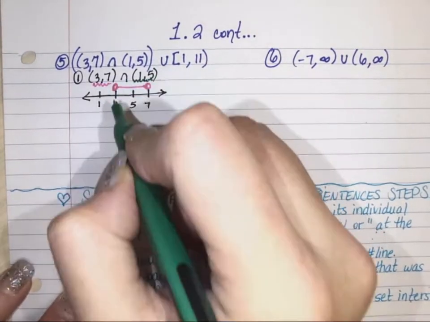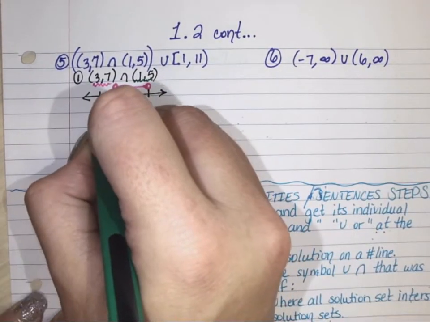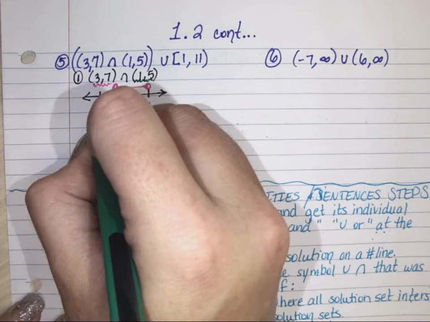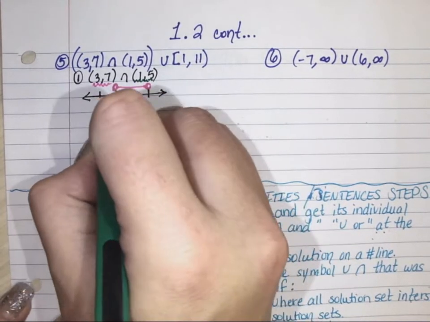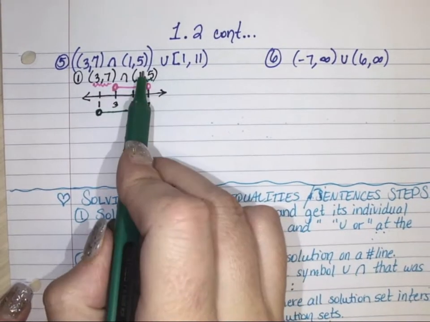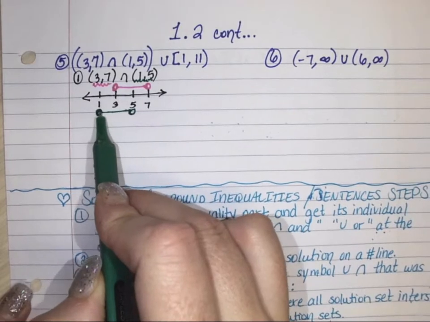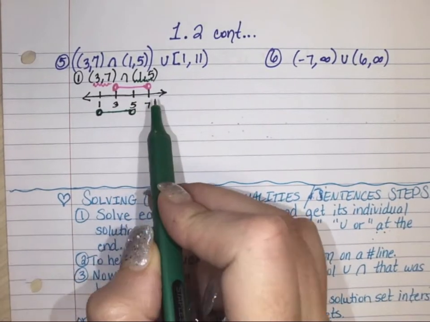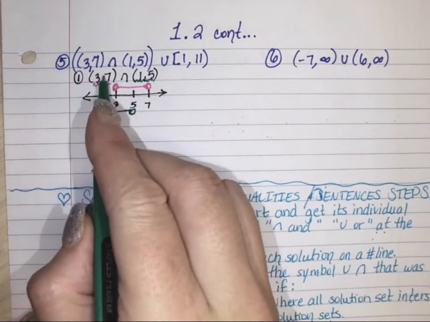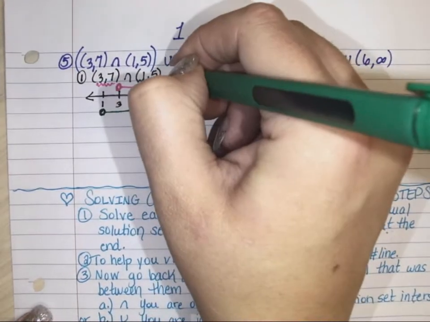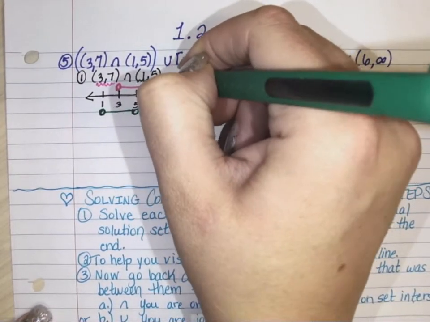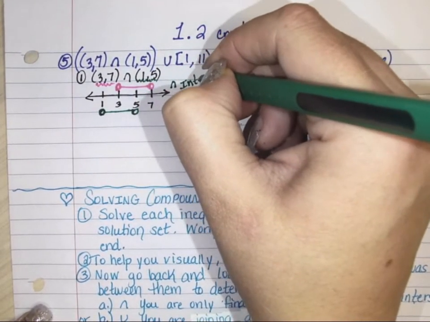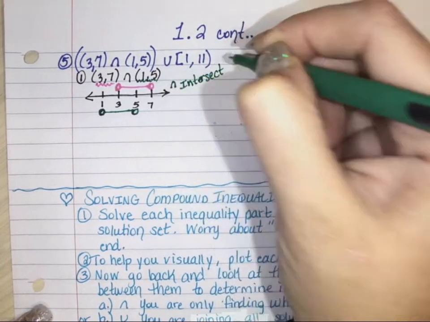So from 1 to 5, it starts at 1, and then goes to 5, starts at 1, don't include 1, goes to 5. Now for this part, this was also and, so you're going to find out where they intersect.